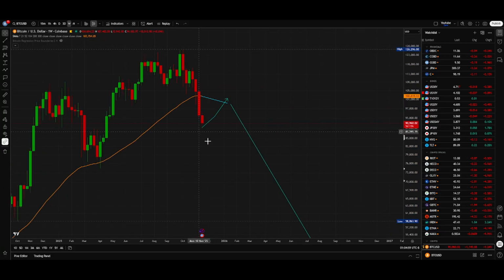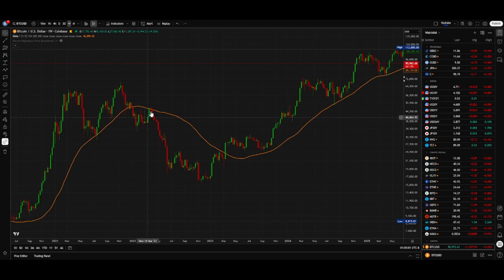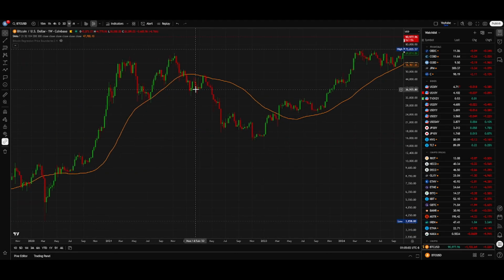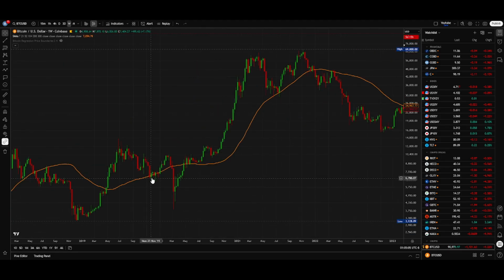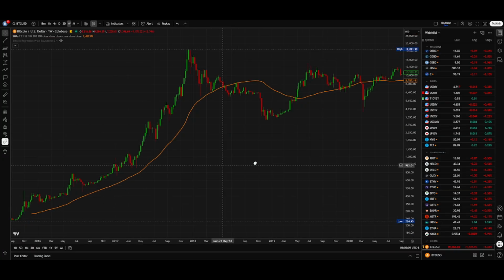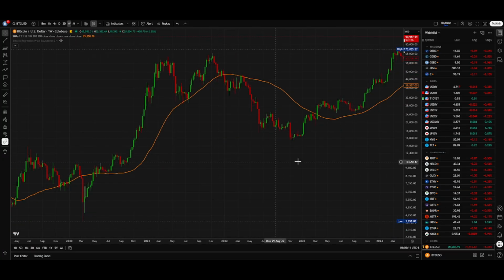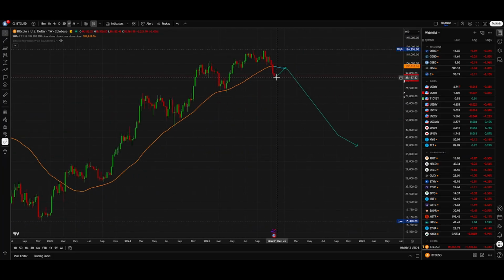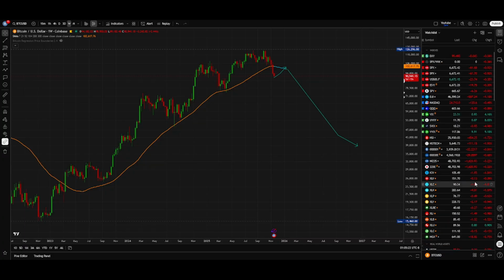Are you just going to get a low and a fake rally attempt like you have in other cycles, like here in 2022, here in 2019, here in 2018, right? Is that what's going to happen, where it just fails to get above and sets a lower high and the head and shoulders plays out and it dips off? It's looking that way. It's not looking good for the bulls, and I'll say that.